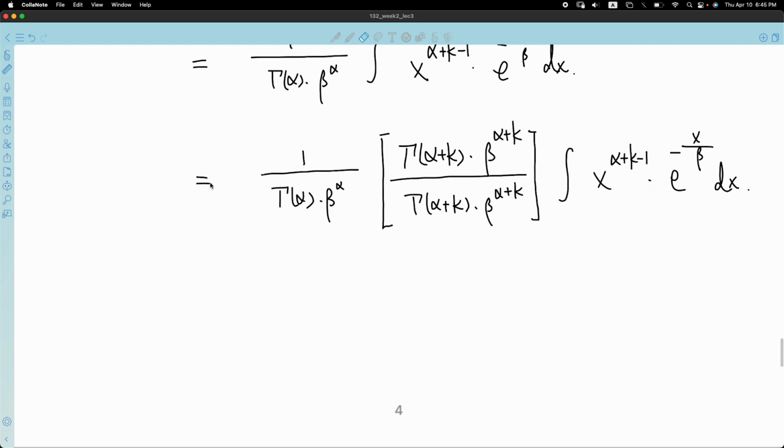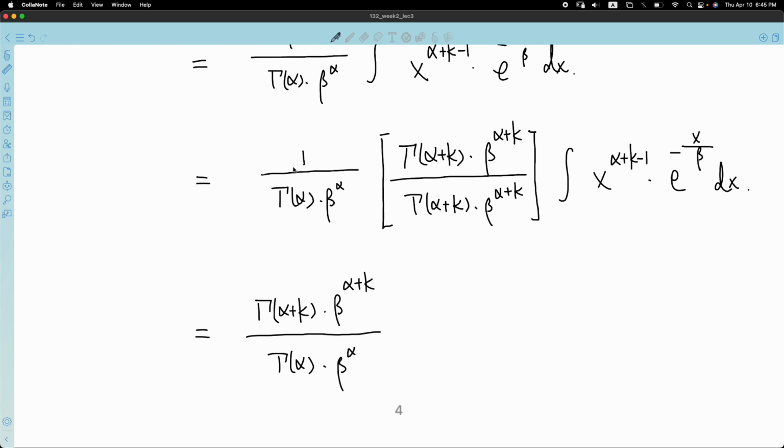Okay, so the reason why we are going to do that, why we're doing this, is the following. So for the fourth line, we have the gamma function of alpha plus k multiplied by beta raised to alpha plus k on the numerator that I multiply by 1, and then for the denominator I have the gamma function of alpha times beta raised to the power of alpha.